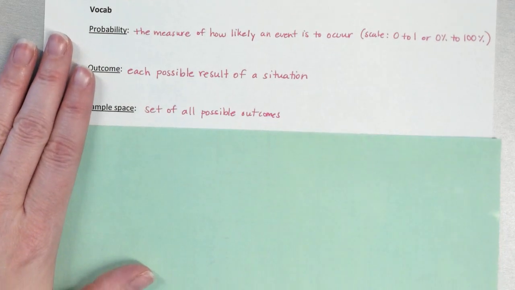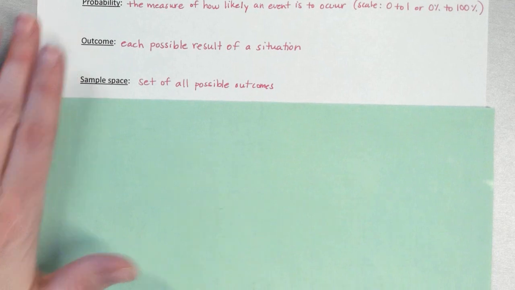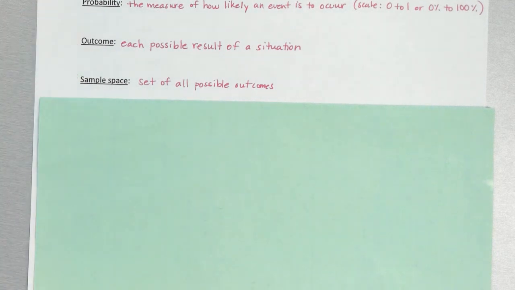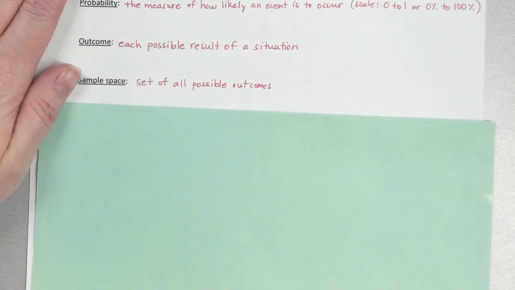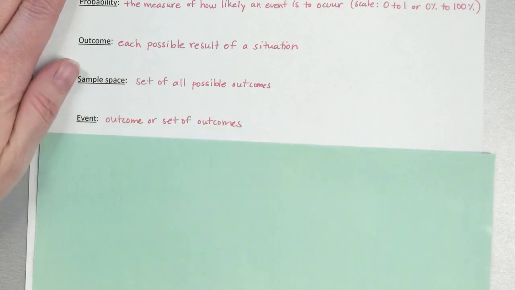That is the set of all possible outcomes. And I'm going to let you write these down, and then we're going to go over some examples together. Okay, so the sample space is the set of all possible outcomes.